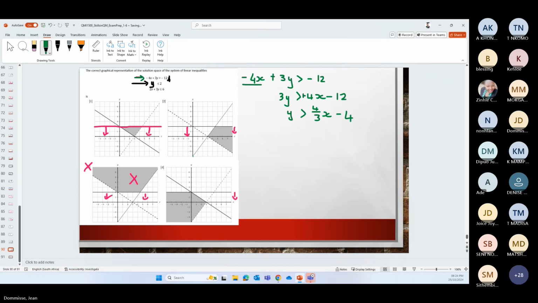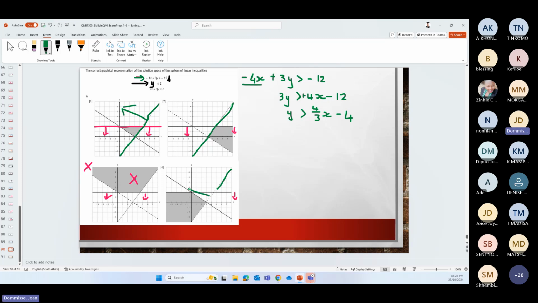So it is that line going through there. And again, it is the one that is that dotted line, because it's bigger than and not including. And it's bigger than, so we need to get that component.